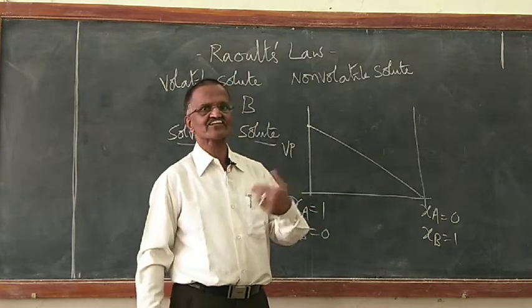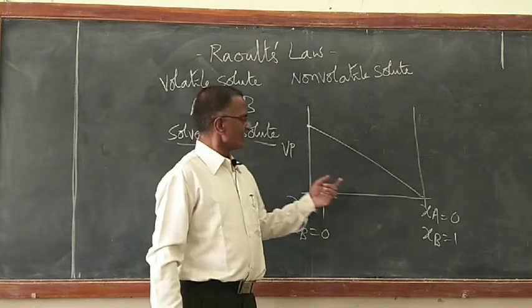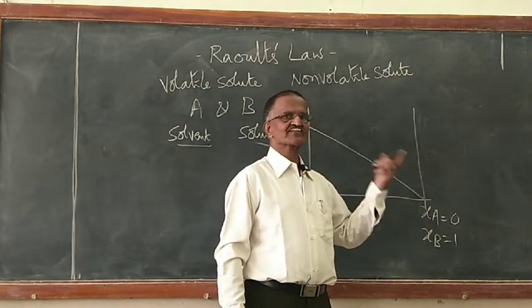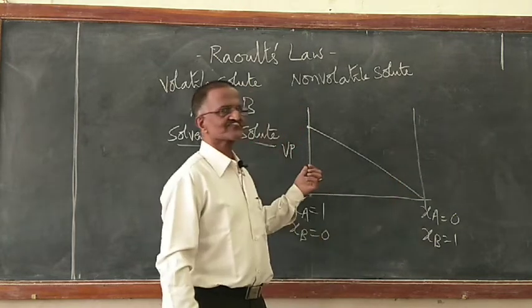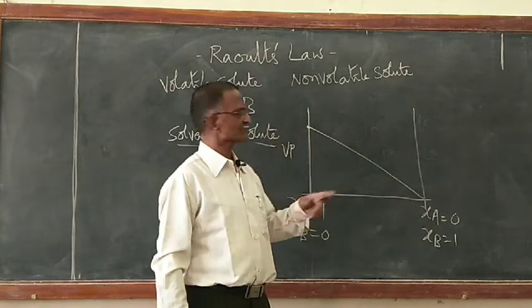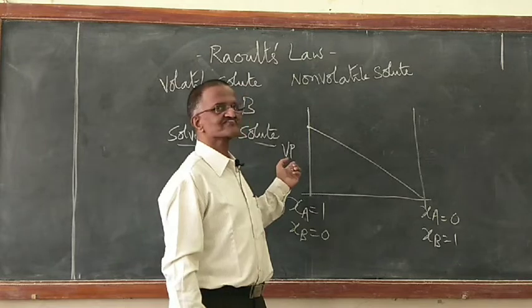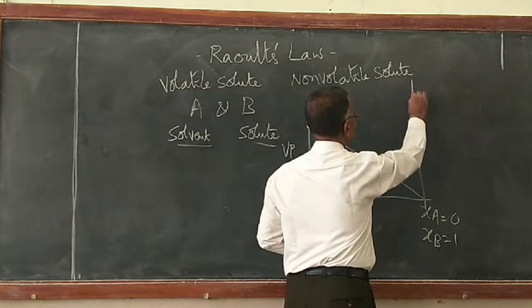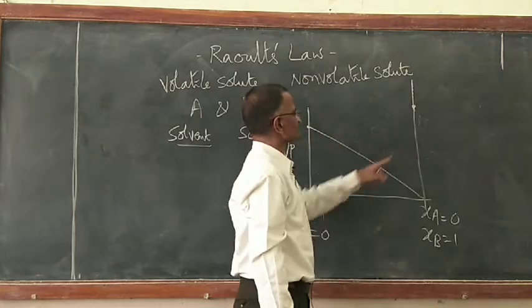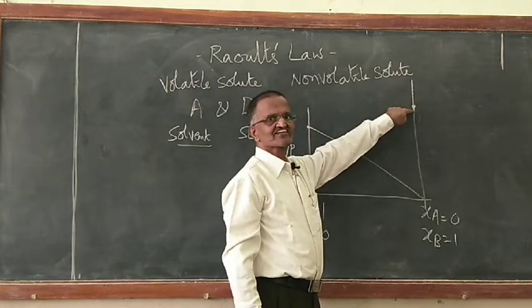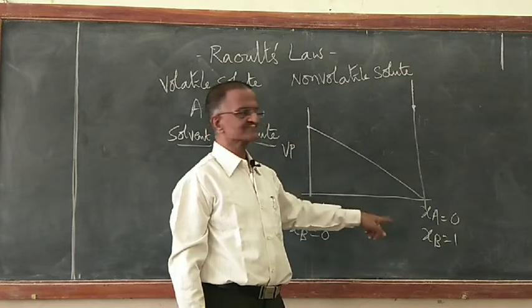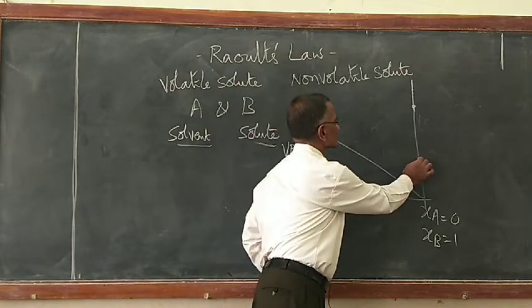What will be the vapor pressure because of B? Now it depends. How does it depend? Is the B component solute more volatile than the solvent or less volatile? Suppose it is more volatile than the solvent, then the vapor pressure of B will be that value. If B is less volatile, because only that is present, the vapor pressure of B will be that.